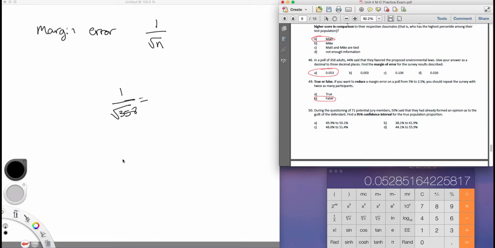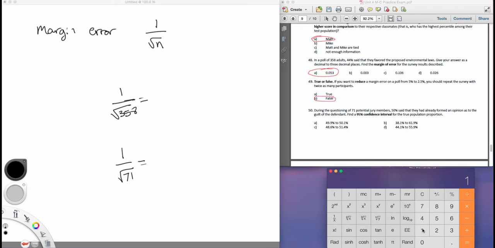For 95%, we're going to use the same formula. 71 potential members were polled, so we're going to take the square root. 1 divided by the square root of 71 equals 11.8%, or roughly 11.9% if you round up, which I will. 11.9% is our margin of error. Now 50% said they'd already formed an opinion, so we need to go 11.9 below that and 11.9 above that.